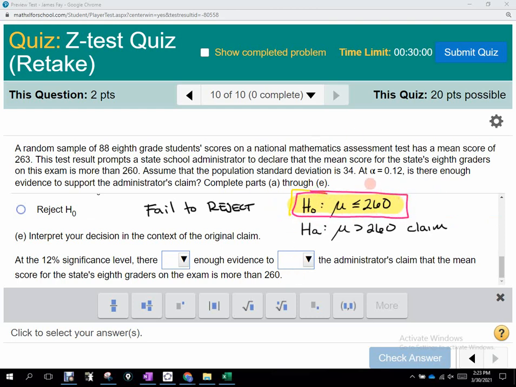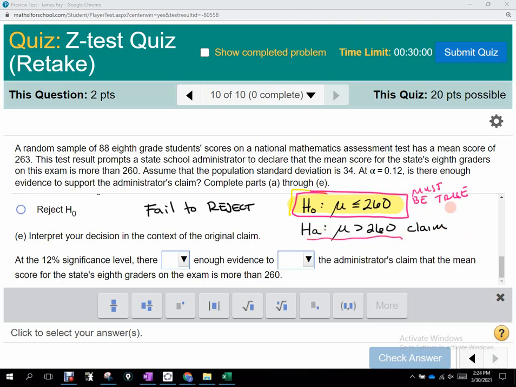So if we fail to reject that, that means this must be true with that alpha being 0.12. So at the 12% significance level, there is blank enough evidence to blank the administrator's claim. Well, what was the claim? It was this.